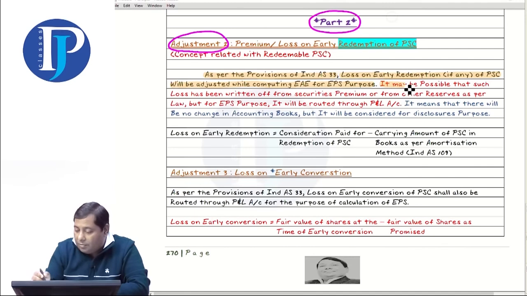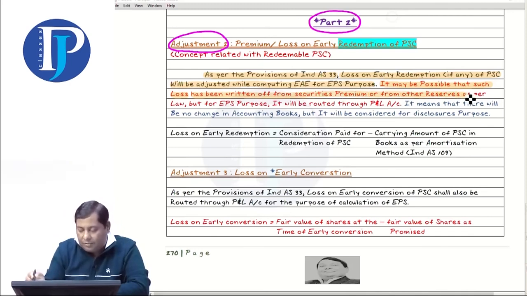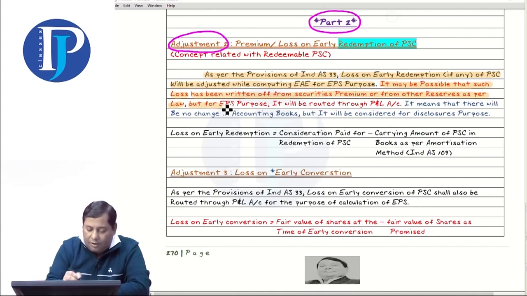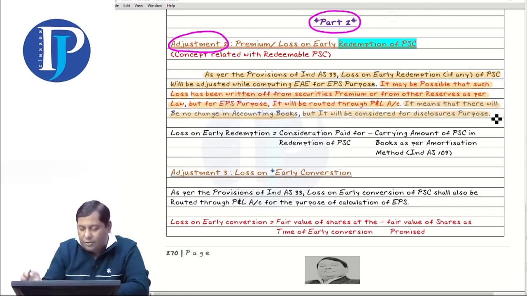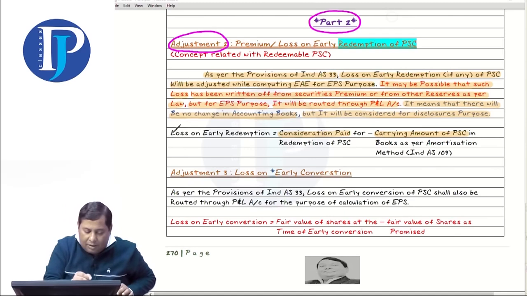Now it may be possible that such a loss has been written off from securities premium or from other reserves as per law. But for EPS purposes, it will be routed through the P&L account. It means that there will be no changes in accounting books, but it will be considered for disclosure purposes only. Consideration paid minus carrying amount of PSC will result in a loss, and you will take this loss through P&L.